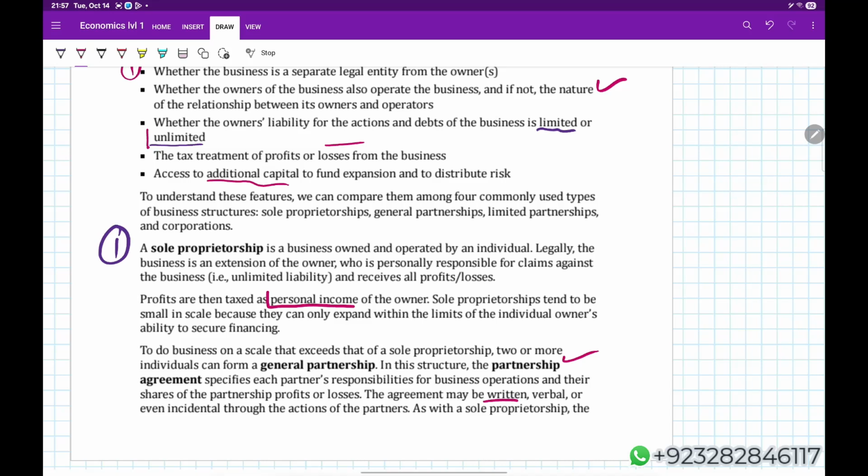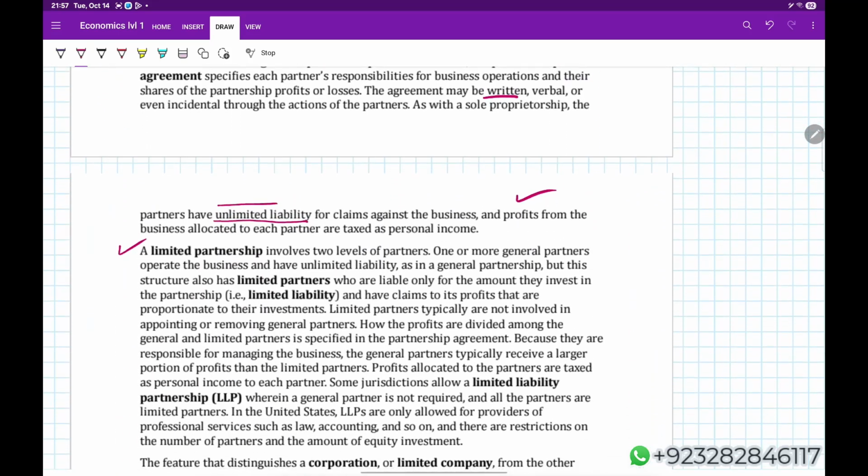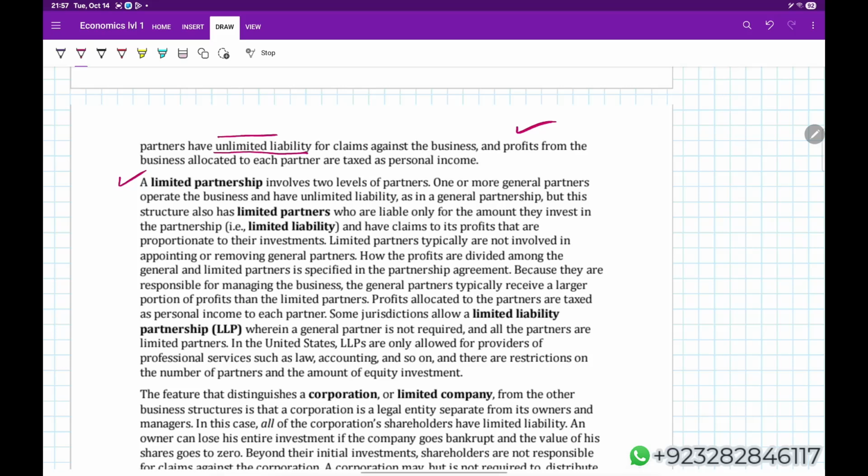But in the partnership business, partners have the mutual responsibility. They will be coming up with their monies. Let's say 5 partners are investing money into the businesses. So access to capital compared to sole proprietorship business obviously is large.